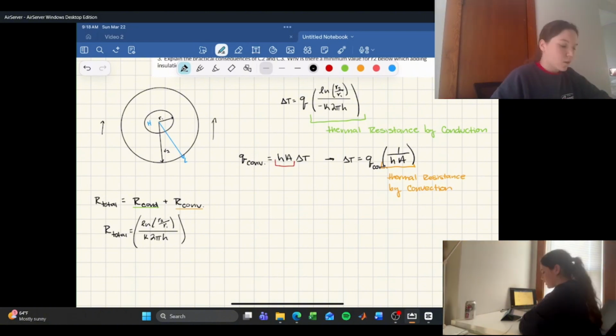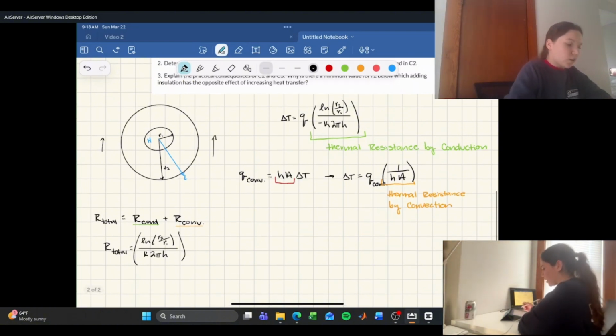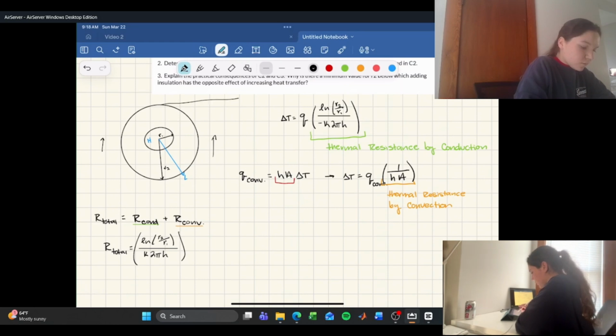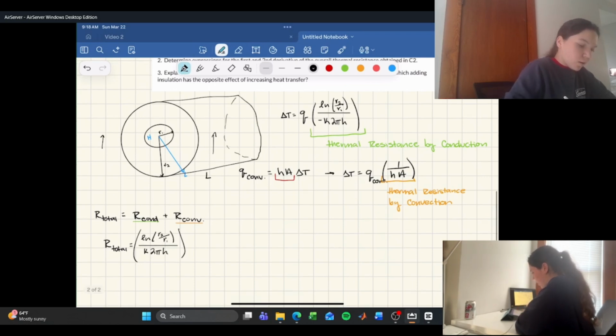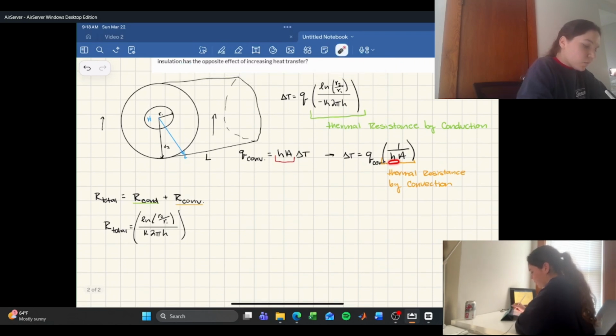And then the height of the cylinder, I can draw it this way. I'm just going to call it the length, or L, because we have an H over here as well.